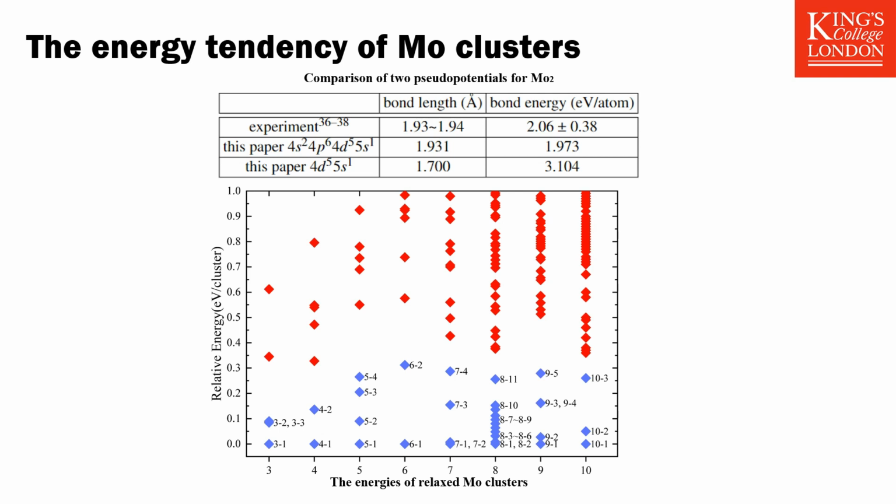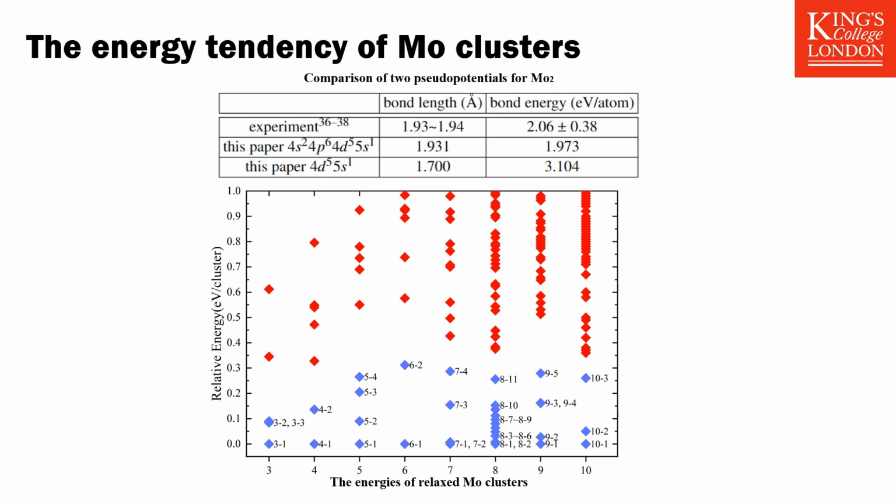For the hard potential, the results are close to the experiments. But for the soft potential, the bond length for the dimer has an error of around 0.2 angstrom. So in this research, we choose the hard potential for the whole calculation.